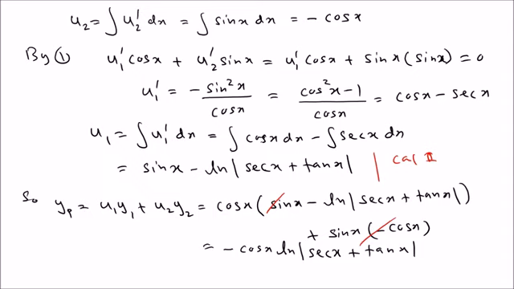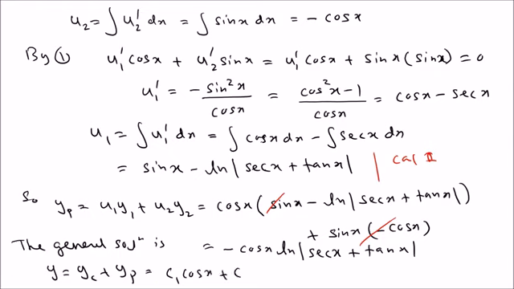So the general solution is y equals yc plus yp, which is c1 cosine x plus c2 sine x minus cosine x ln secant x plus tan x.